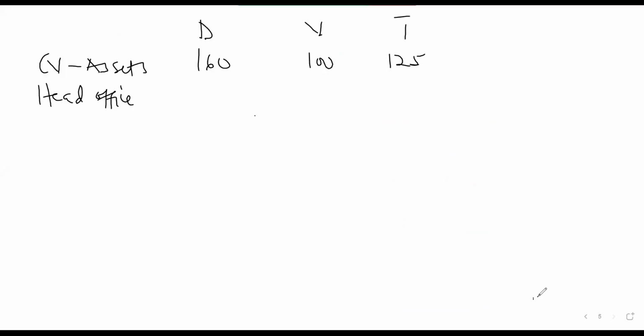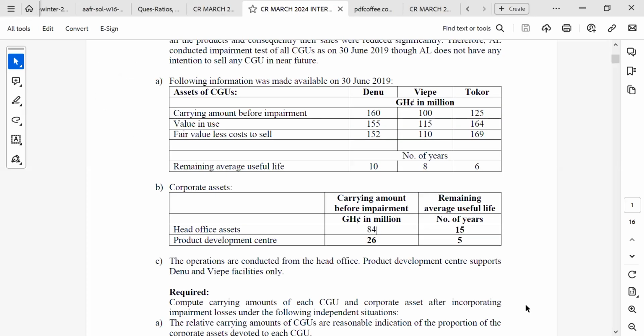So you can put 1,600 is to 800 is to 750. Since you put a ratio there, it means that you have done the sharing already. So 1,600 divided by 3,150 times the value of the corporate asset, 84. What are we having?